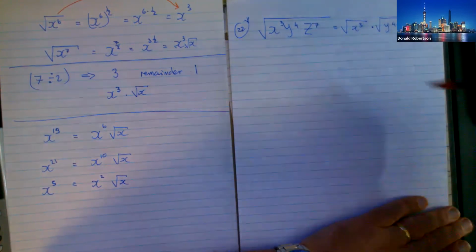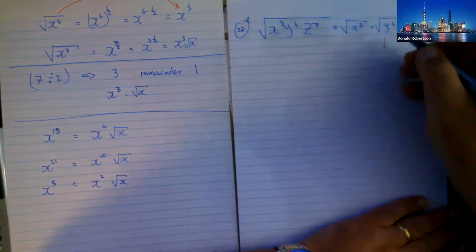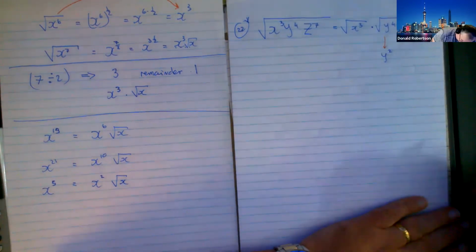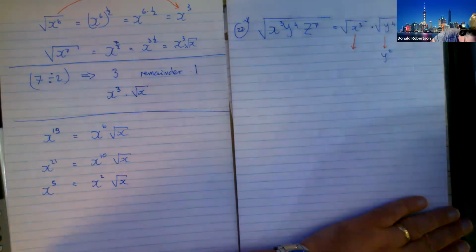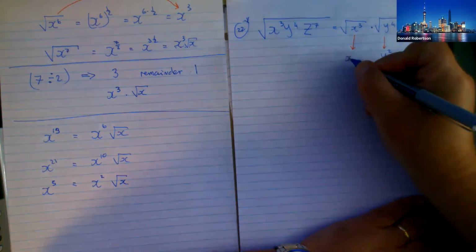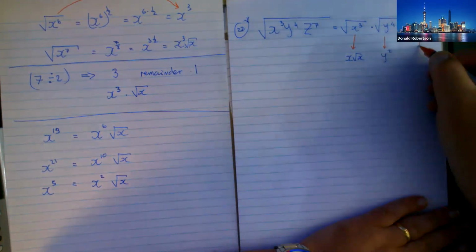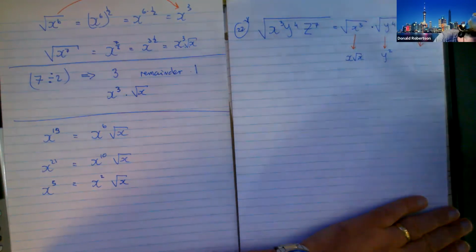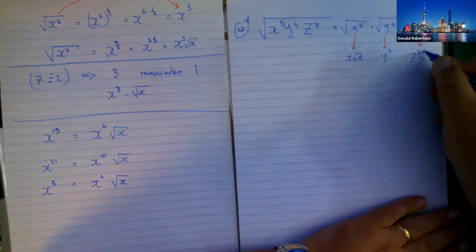Each one of them is going to get treated on its own. So let's do the middle one. Half of that guy is a perfect match, y squared. Now, if you divide this guy by 2, you get 1 and 1 left over. If you divide z to the 7, if you divide the 7 by 2, you get 3 and 1 left over.